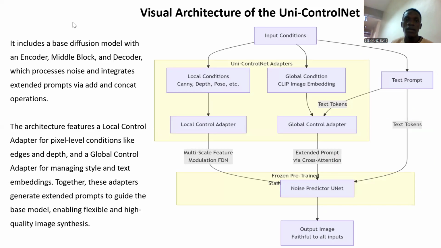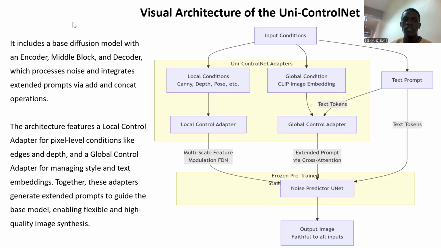Basically, this is the architecture I came up with for the unique control net pipeline, and it includes the base diffusion model. This is basically for visualizations of visual images with an encoder, the middle block, and the decoder.